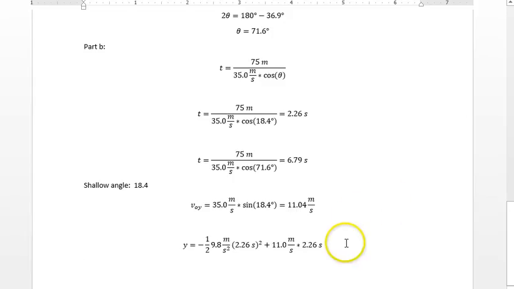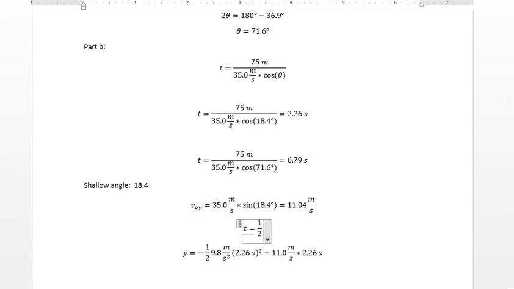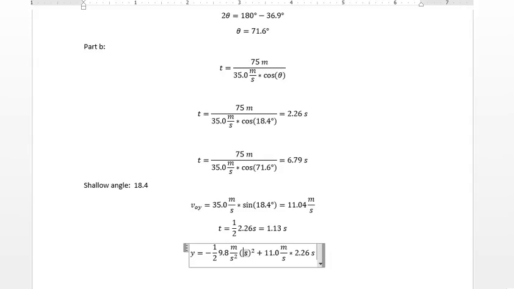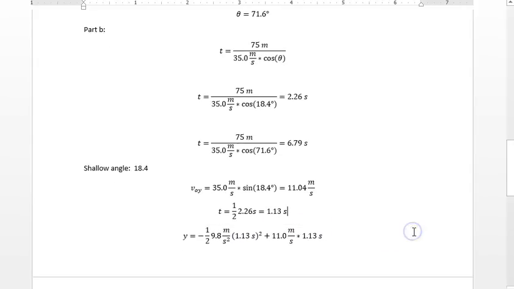So how high? Oh, that's all the way. We were talking about when it gets halfway through, so our time is 1/2 of 2.26 seconds. So our time is 1.13 seconds. Almost made a fatal mistake. 1.13 seconds and 1.13 seconds, right?